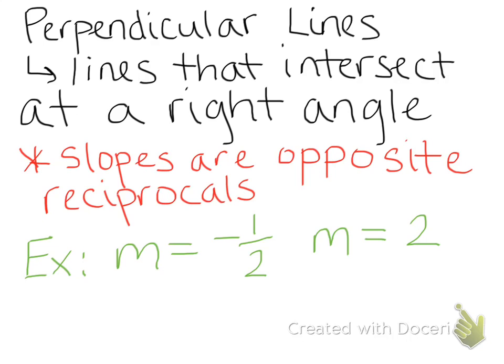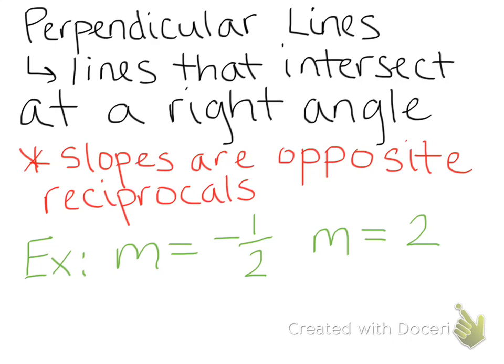So one's negative, one's positive, and then you just flip them. So for example, we have -1/2, and then the other slope is just 2 because -1/2 was negative, so we made 2 positive, and then we took 1/2 and we flipped it. So you could think 2 or 2/1, which we already know is just 2.